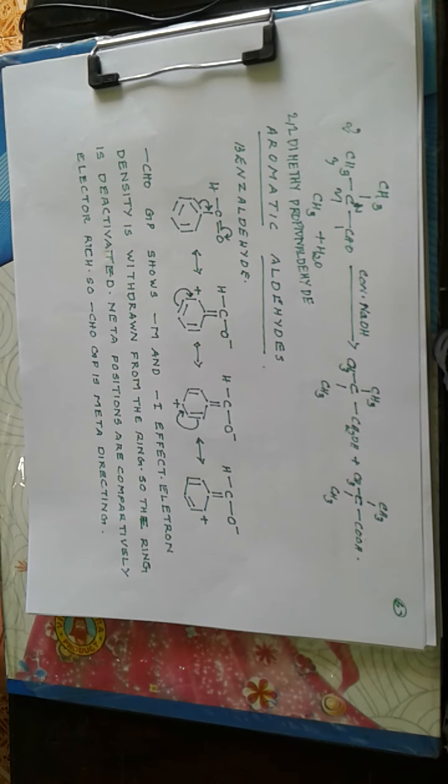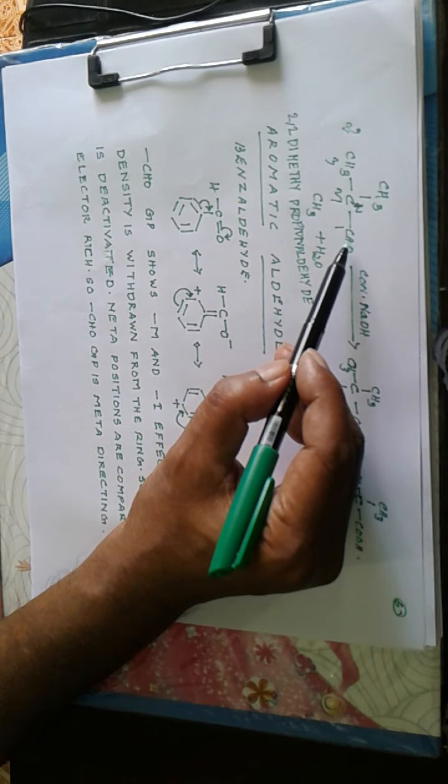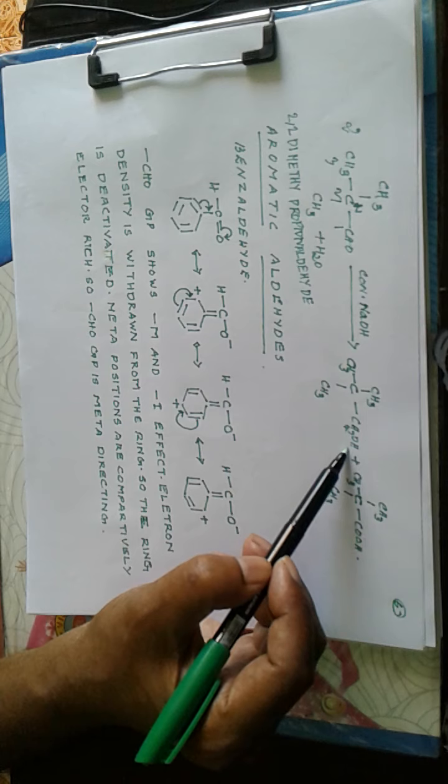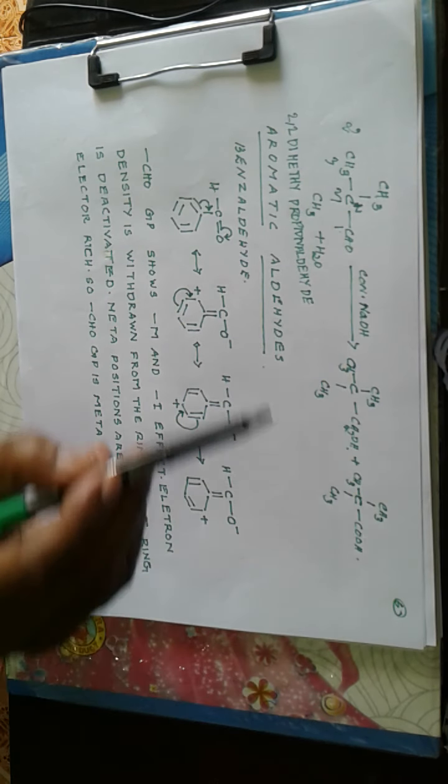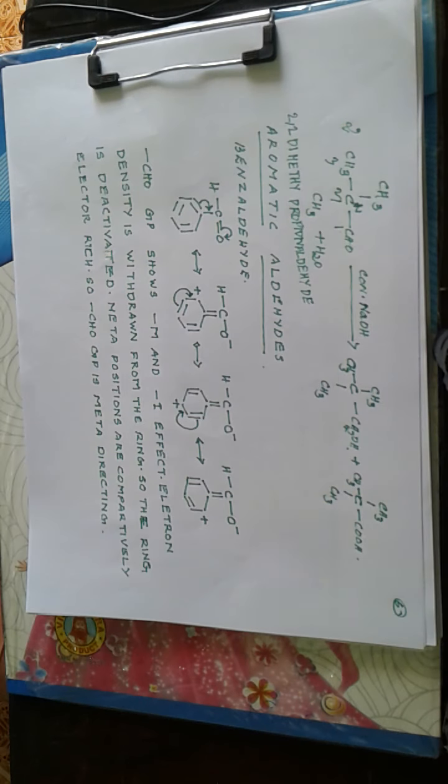In presence of concentrated NaOH, the CHO group is getting reduced to CH2OH and another CHO group is oxidized to COOH, one molecule of water being incorporated.